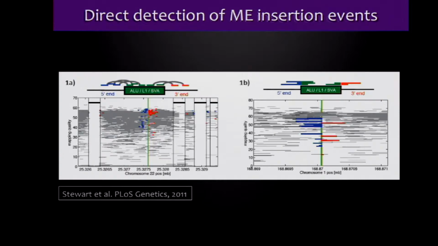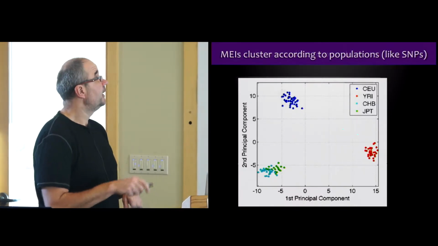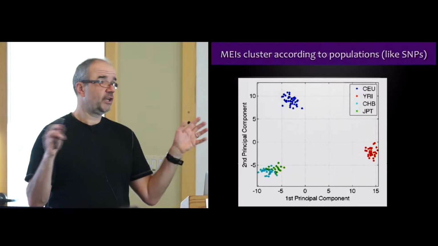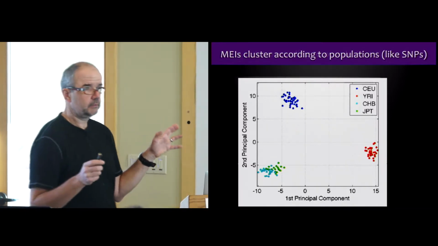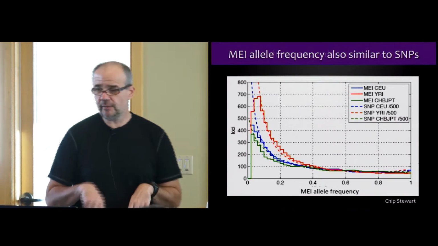And it turns out that there's a lot of these. If you use these mobile element insertions as evolutionary characters, if you will, they segregate just like SNPs. Their site frequency spectrum is pretty much the same as for SNPs.